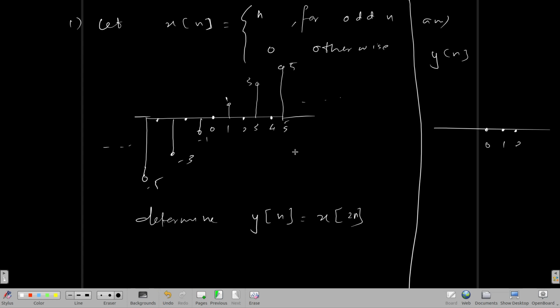Similarly, basically what is happening, we are just taking the even samples. So y of n is equal to 0 for all n. That is the answer. This is a time scaling, right? Here we are losing a lot of information.